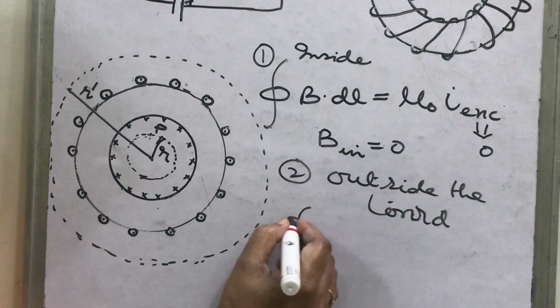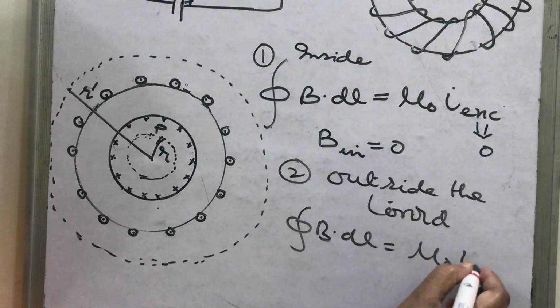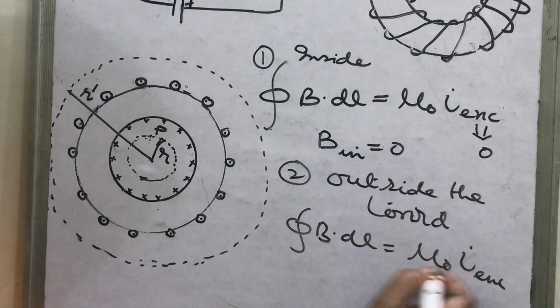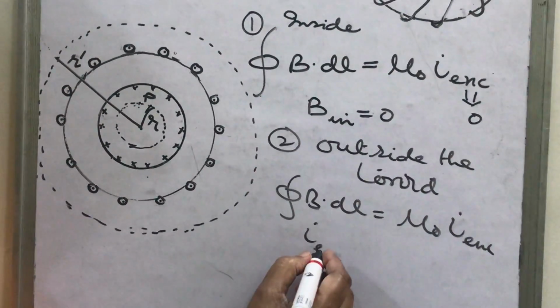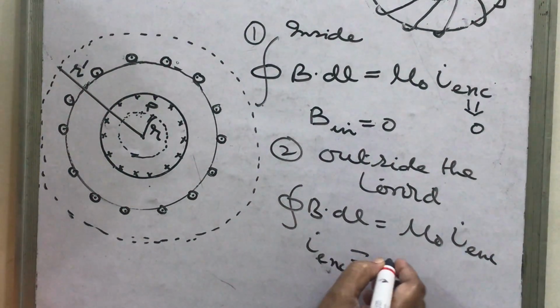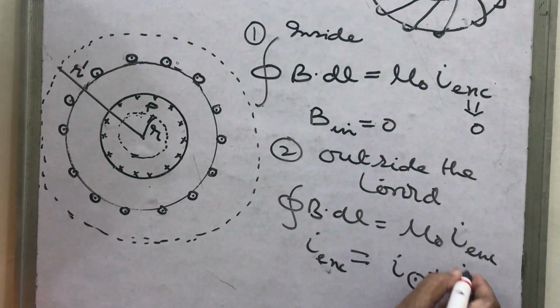So again you got B dot dl equal to mu naught I enclosed. And what is I enclosed here? It is net I dot plus net I cross.